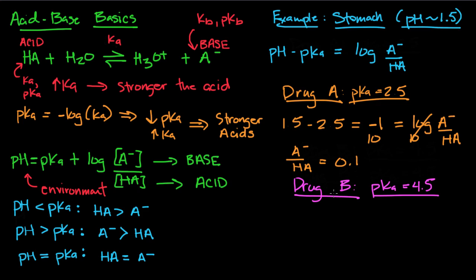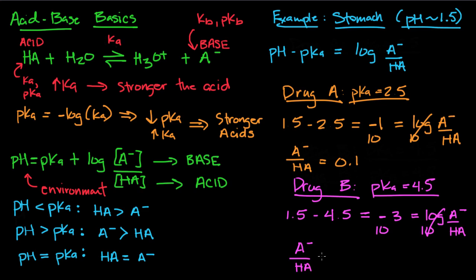Compare this to drug B, where we have 1.5 minus 4.5. That's going to equal -3. -3 is equal to log of A minus over HA. And then you're going to go 10 to the -3, and 10 to the log cancels out. Now our ratio of A minus to HA is going to be 0.001.